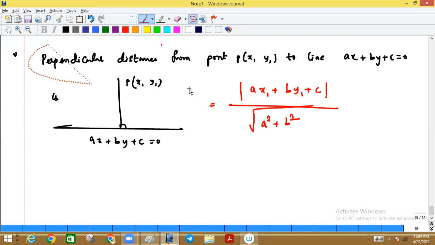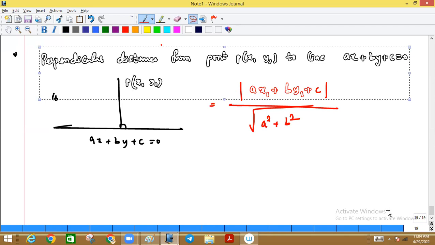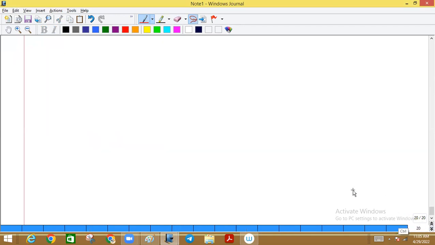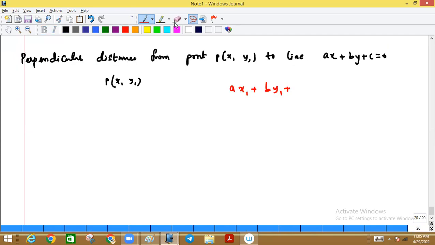Perpendicular distance from the origin to the line ax plus by plus c equal to 0 is simply what you do.